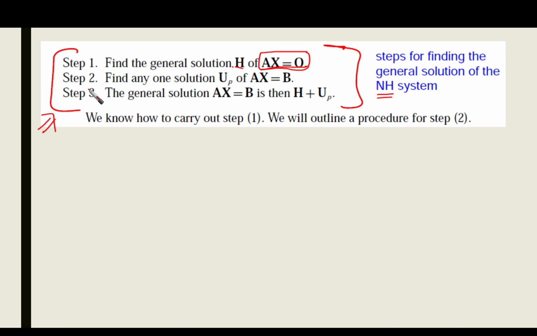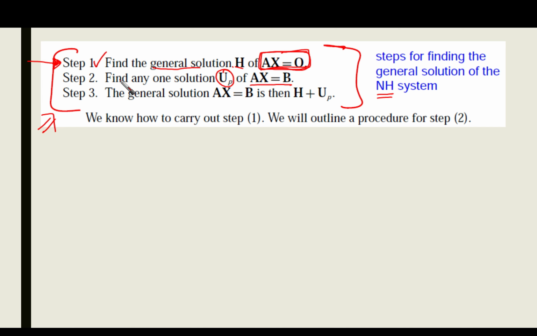Step 2 is to find any one solution UP of AX equal B, a particular solution for the non-homogeneous system, which is our main focus for today's video, because step 1 we already explained in the previous video. We know how to get the general solution of homogeneous systems, so step 1 is already known to us.